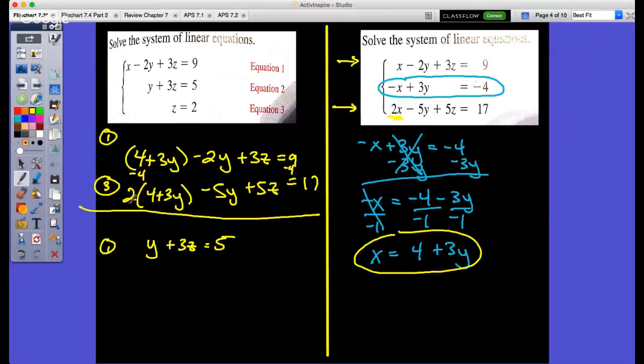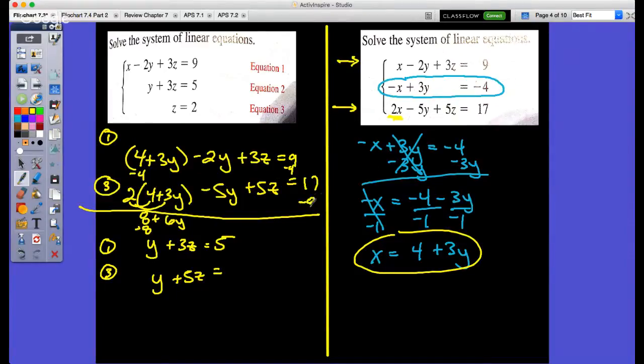Now over here, when I distribute, this would be 8 plus 2 times 3y, which is 6y. And so you get 6y minus 5y, equation 3, which would be y plus 5z, that's what's left over, equals, and this is where I could subtract 8 on both sides.